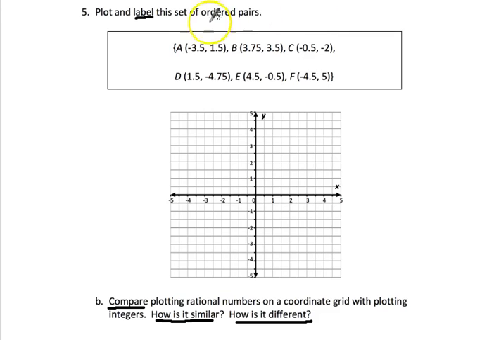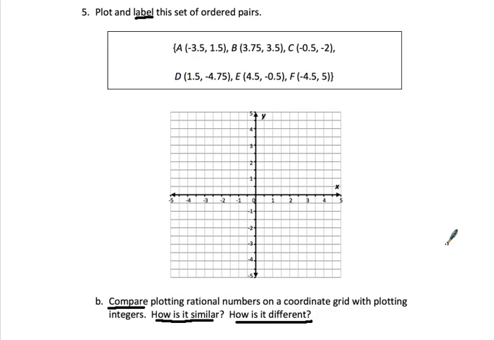So the first thing you're going to do is plot all these points. The second thing you're going to do is discuss and write out your answer for how it is similar plotting integers, and how it is different plotting integers and rational numbers on a coordinate grid or on a number line.